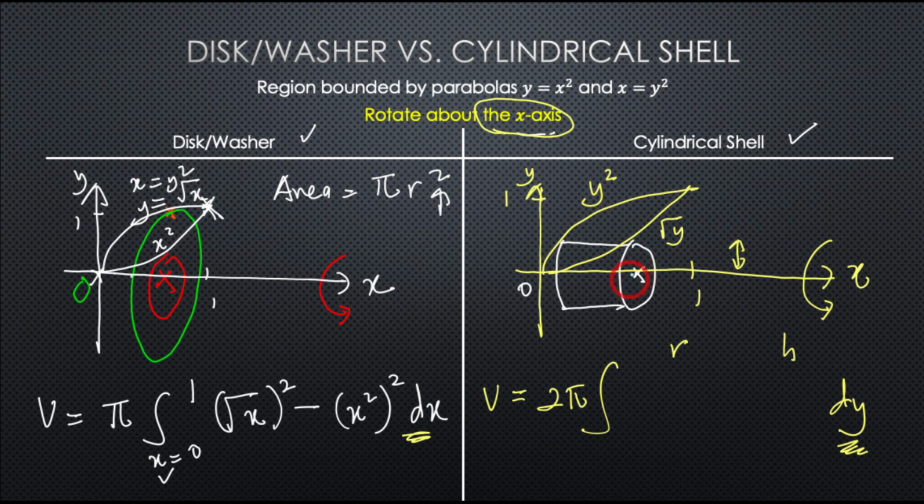You move from the center, you go up, parallel to y, so the length is y. Multiply with the height. Height, from this function, cube root of y to the y-axis is cube root of y. From this function, y square to the y-axis is y square. The one that you want is this one. So the height is cube root of y minus y square.